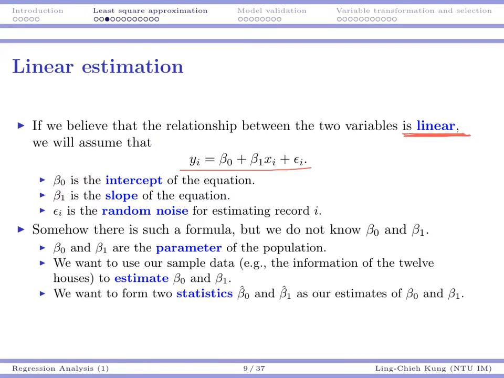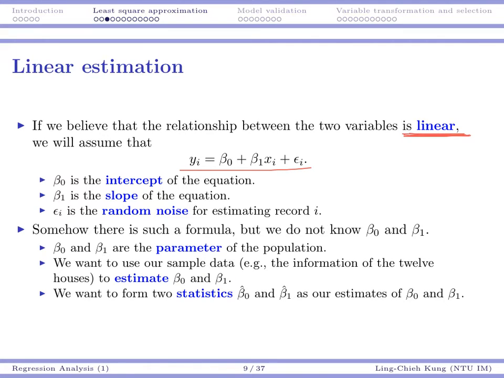Beta 0 is the intercept of the equation, and beta 1 is the slope of the equation. If you still remember, we are drawing a line to pass through or represent the 12 points, then beta 0 and beta 1 can decide the line, because they are the intercept and the slope of that line.